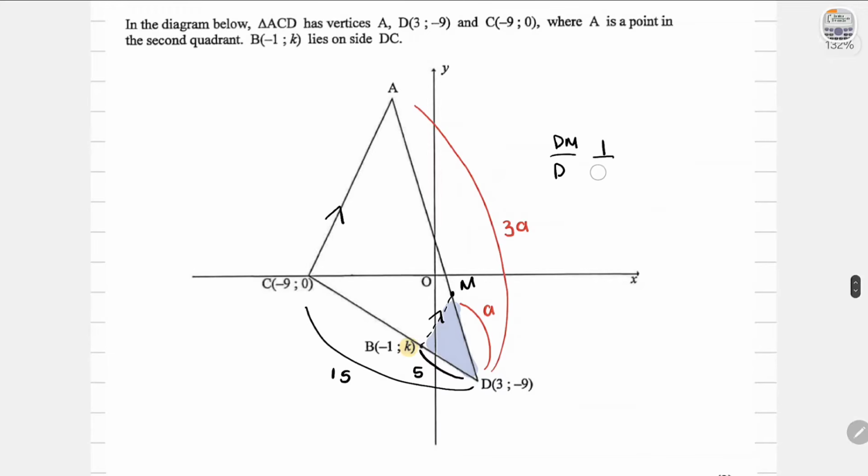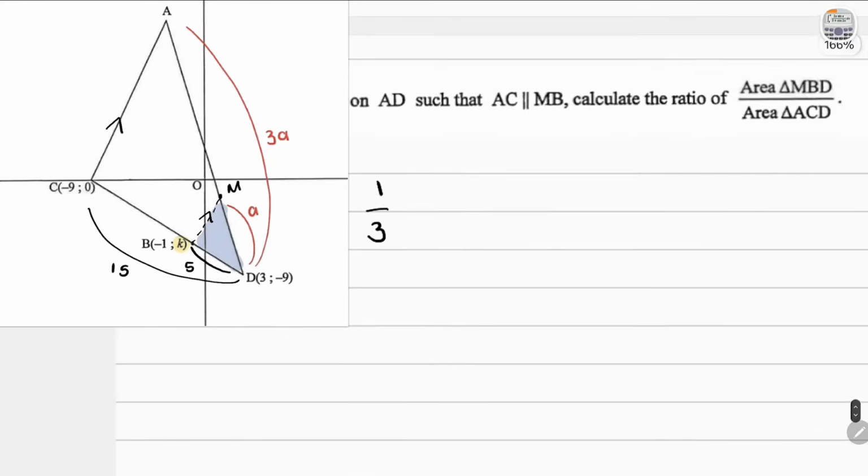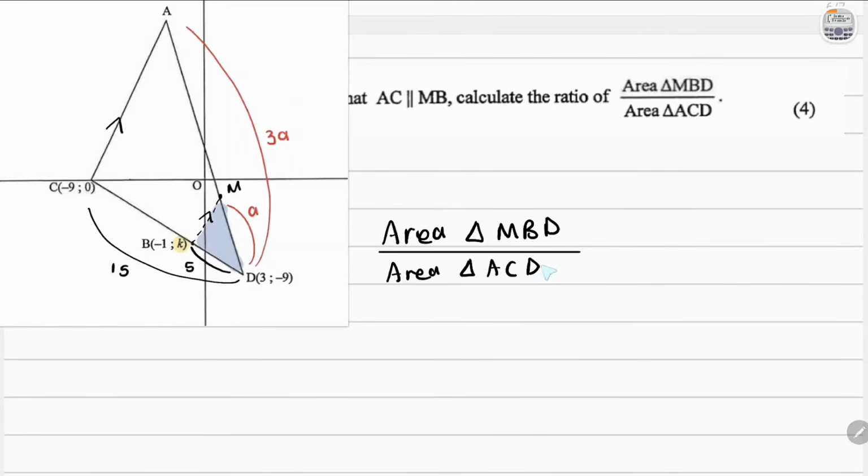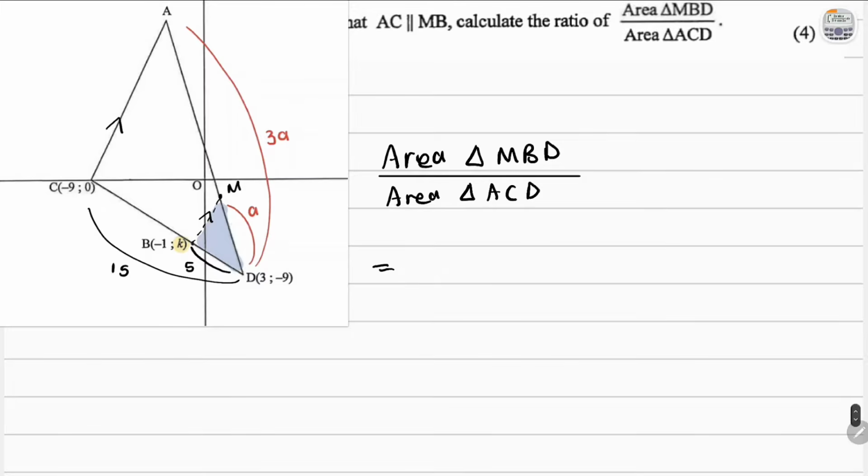And now we can actually use this in that area formula. So remember that we're just trying to find the ratio of the areas. So the area of triangle MBD over the area of triangle ACD. Okay, so that is equal to, and we're going to say, the area of triangle MBD, that's the smaller triangle. So the formula for that area is a half multiplied by the side length.